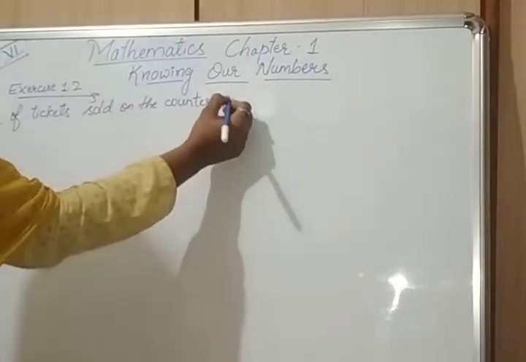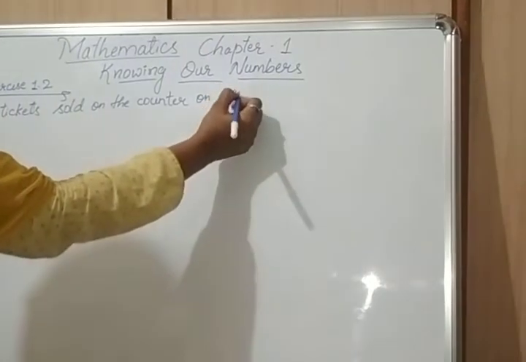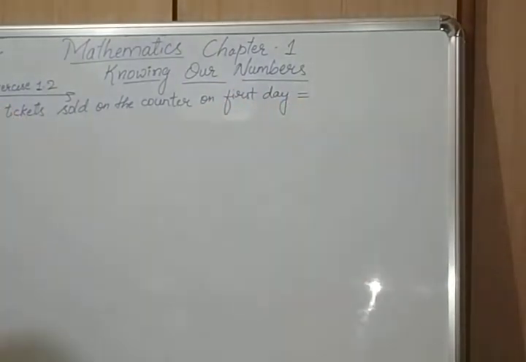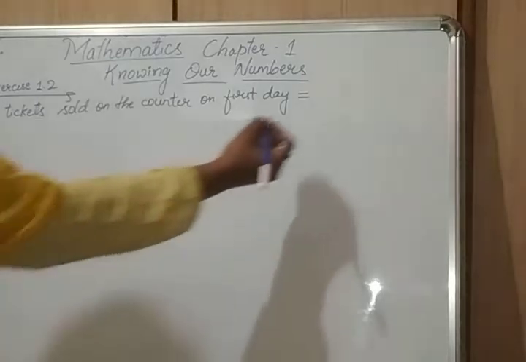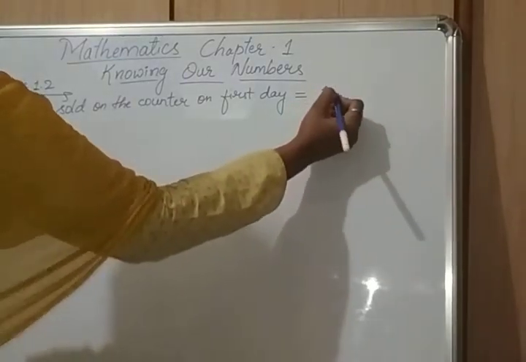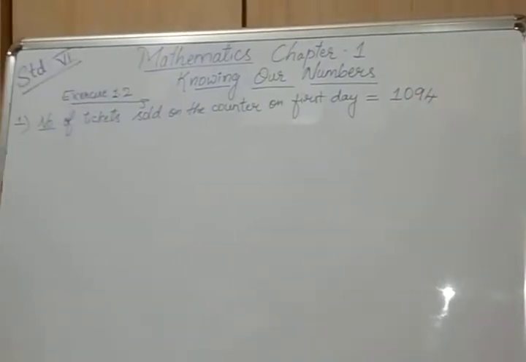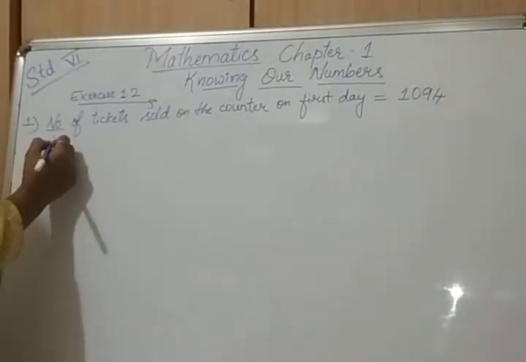See, how many tickets are sold on the counter on the first day? 1094.